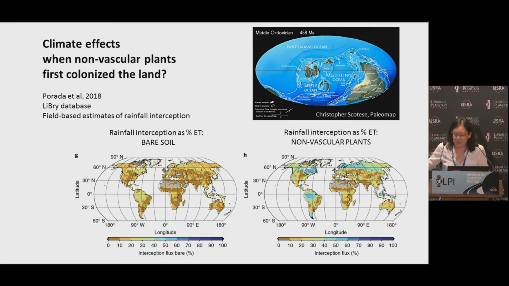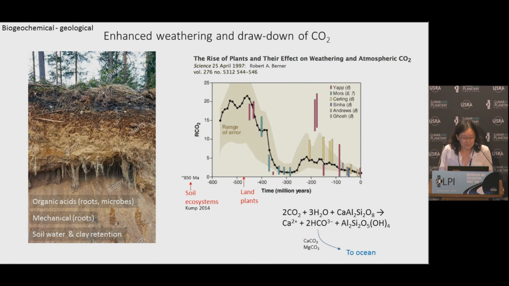Some of these might be shaded out by other canopies, but in a place like Iceland or on the early Earth, lichens could have made a significant impact on evapotranspiration and altered the climate. And hence weathering by organic acids and roots led to a strong drawdown of CO2 after plants arrived on land.